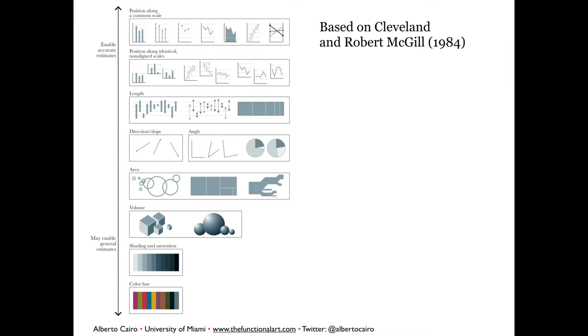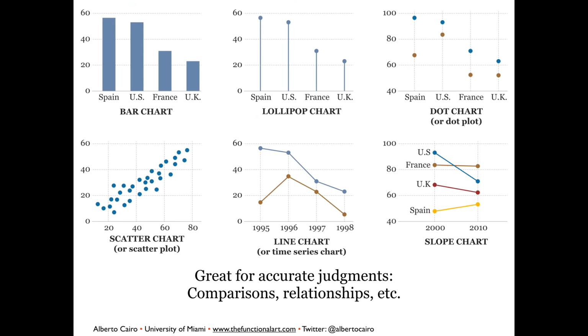And they discovered that it is possible to create a hierarchy of graphic forms according to how accurate the judgments are that you can make with those graphic forms. This means that the graphic forms that belong to the top of the scale, these ones over here, for instance, the bar graph, and the pie chart, sorry, not the pie chart, that comes later. The bar chart, the dot plot, the line chart, etc. And the dot plot, or the dot chart, is something that Cleveland himself advocates for because it's a very useful graphic form.